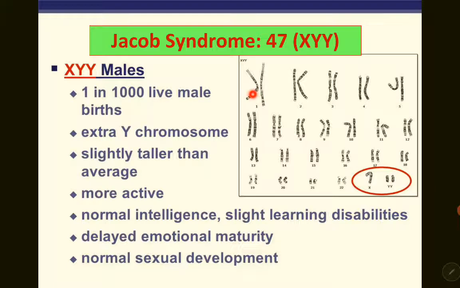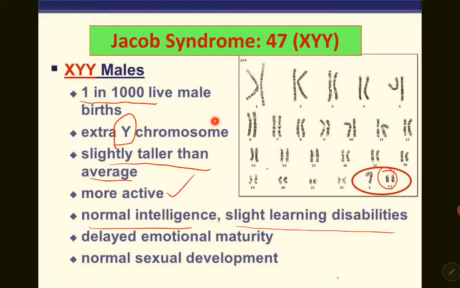Okay, Jacob syndrome, 47 chromosomes, XYY, has a double Y. It is 1 in 1000 live male births. Extra Y chromosome, slightly taller than average, more active, normal intelligence, slight learning disabilities, delayed emotional maturity, normal sexual development, meaning that he is still fertile.